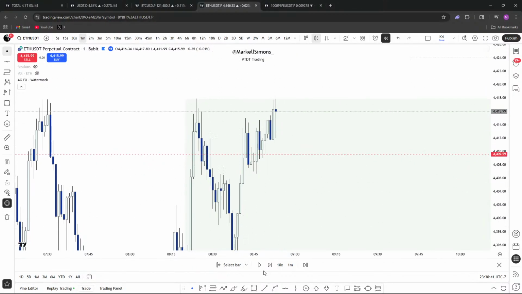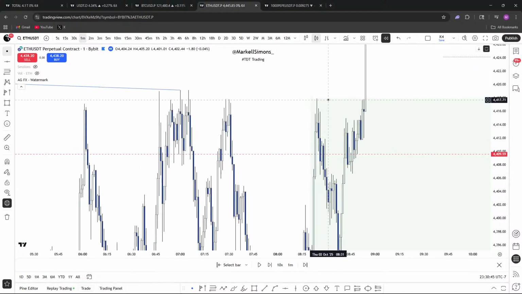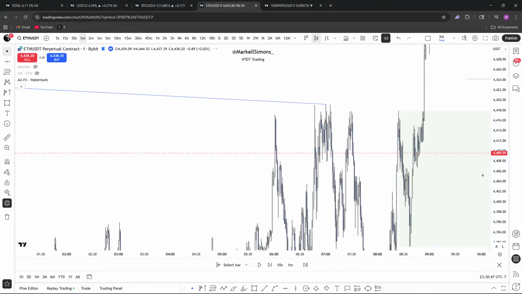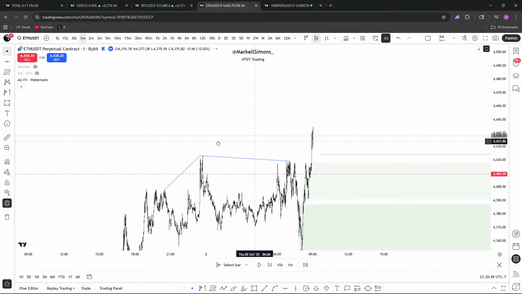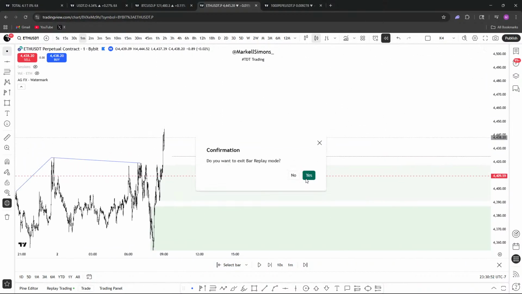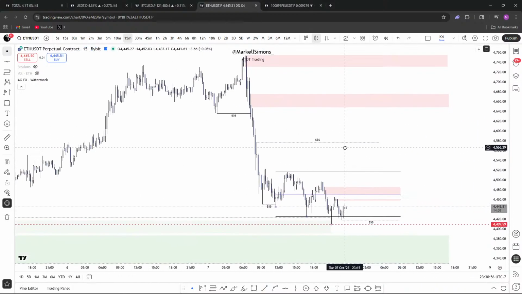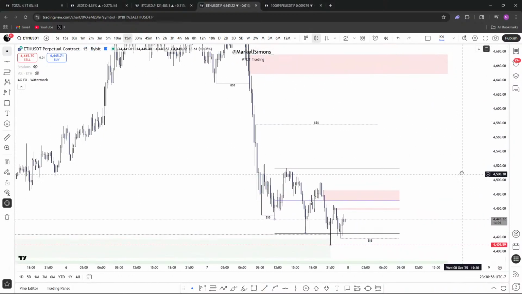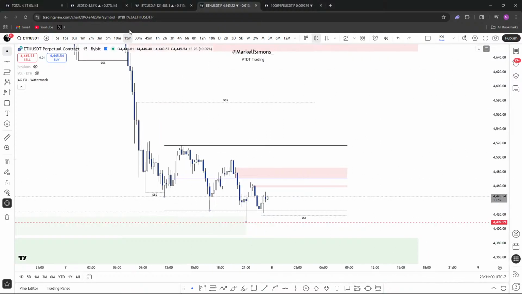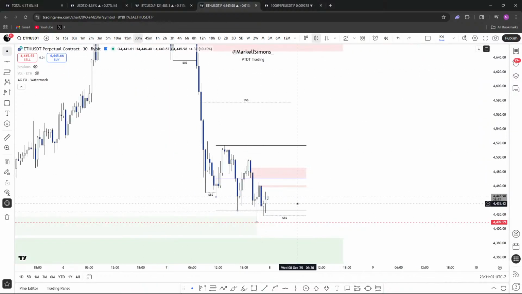Nothing special. This looks like a very nice 30-minute bottom.